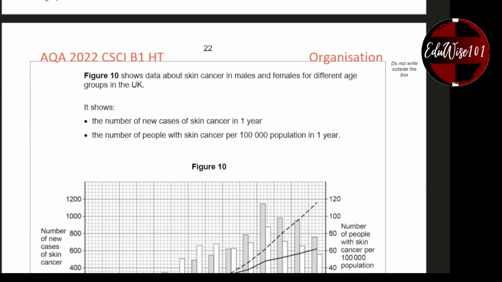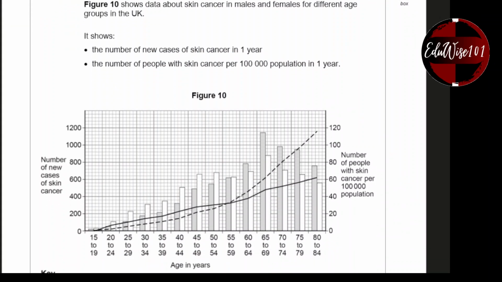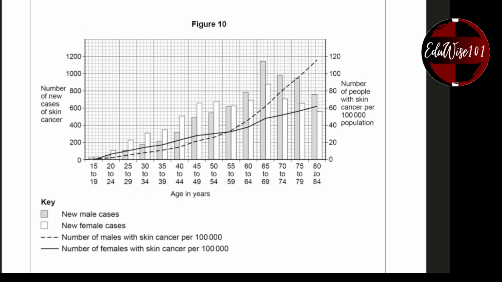Right. Figure 10 shows data about skin cancer in males and females for different age groups in the UK. It shows the number of new cases of skin cancer in 1 year and the number of people with skin cancer per 100,000 population in 1 year. So these types of graph can be confusing, but the x-axis is the same for all.